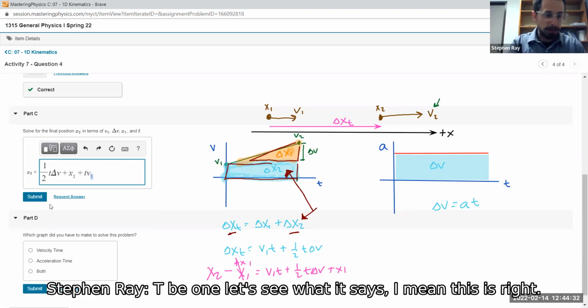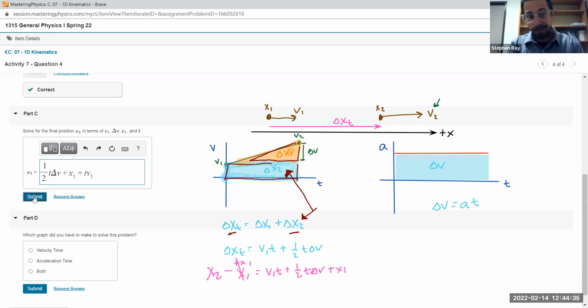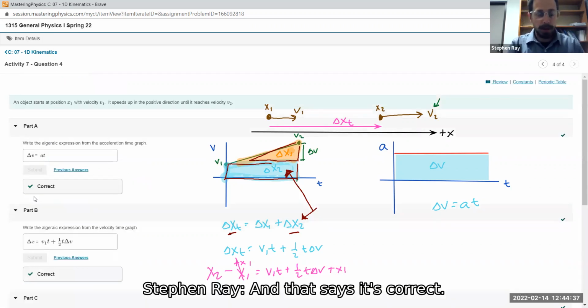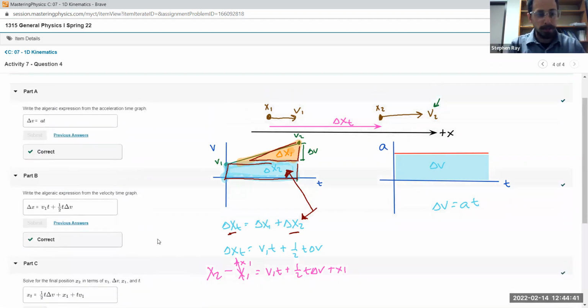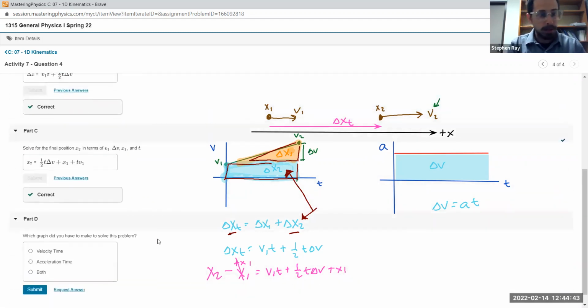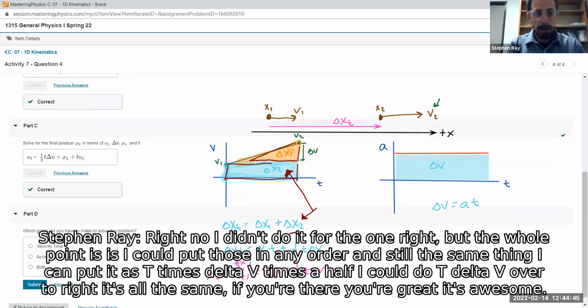Let's see what it says. This is right, and that says it's correct. Why did it take it that time? I don't know why it didn't for that one. But the whole point is I could put those in any order and still get the same thing. I could put it as t times delta v times 1/2, or t delta v over 2. It's all the same. If you're there, you're great.